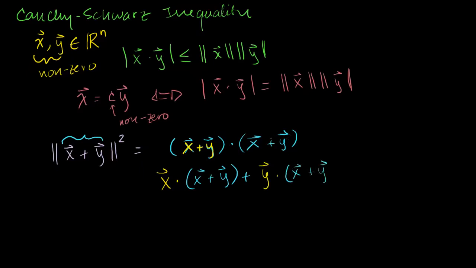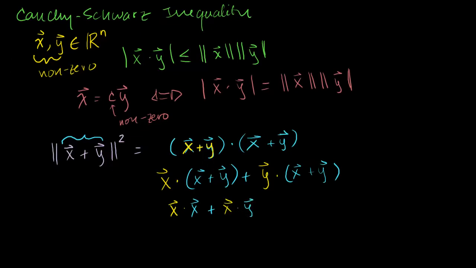It's good to see that when you're multiplying these, you're just applying the distributive property. All I did is distribute this term along each of the terms in this sum. Then I can distribute each of these into the sum. So this becomes x dot x plus x dot y. Maybe this was a little bit overkill, but I think it's good to see that this isn't just some magic here, and we're just using the exact properties that we proved of the dot product. So that's that right there.